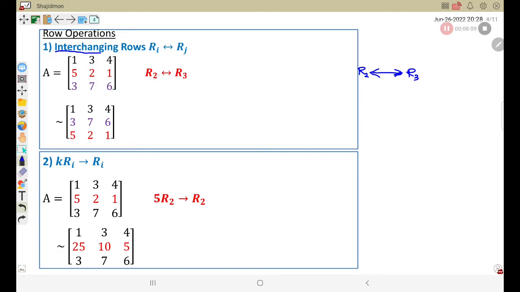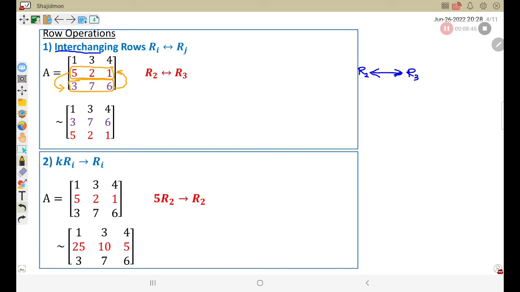If I want to interchange the second row and third row, you write the rule straight next to the second row: R2 interchange with R3. What I do is change the second row into the third row completely, and the third row into the second row. See the answer here: first row no change, 1 3 4; the second row became the third row, 3 7 6; and the original second row went to the third row, 5 2 1. This is the meaning of interchanging two rows.